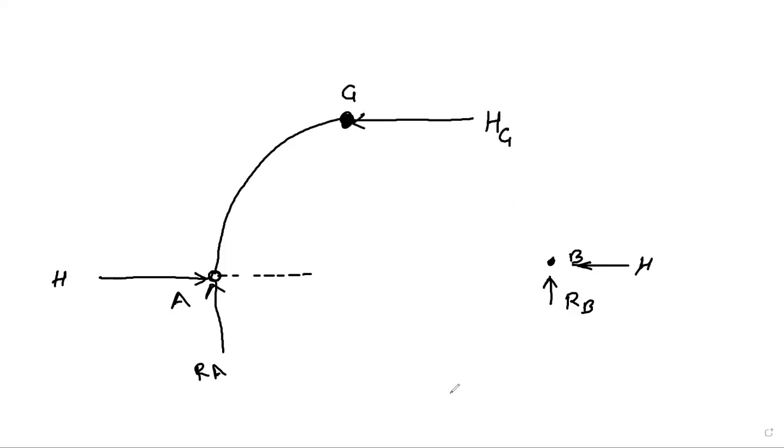now. I have to erase this. And for balancing, suppose this is your VG. RA is upward, VG is downward. HA is towards right, HG towards left for equilibrium, as I told, right?